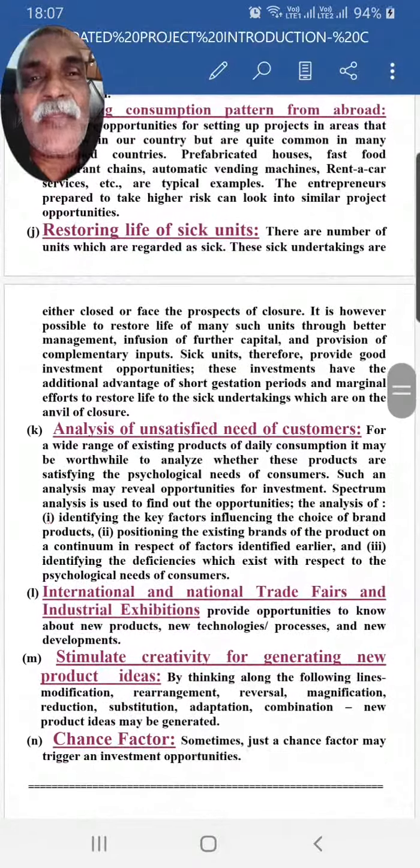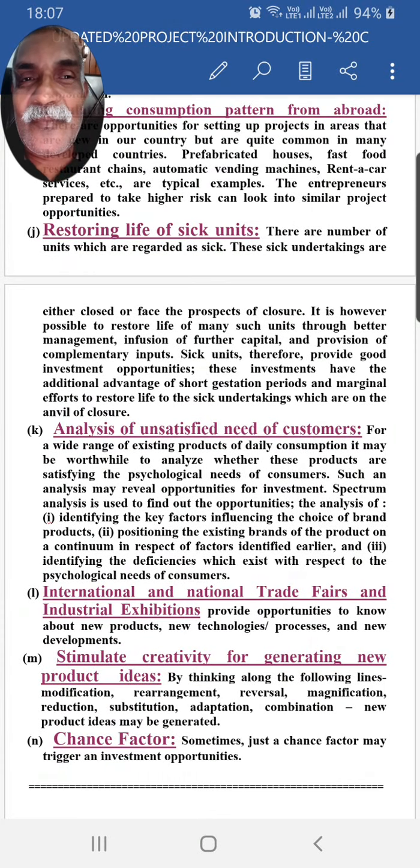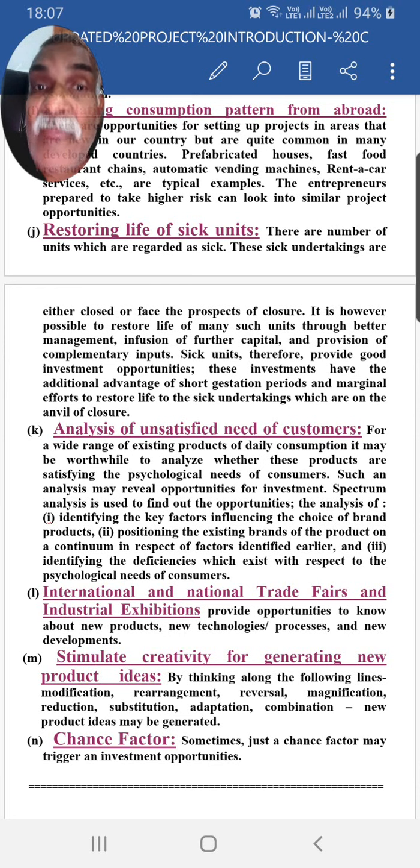Now, restoring life of sick units. As we know, there are a number of units which are regarded as sick. These sick undertakings are either closed or face the prospect of closure. It is, however, possible to restore life of many such units through better management, infusion of further capital, and provision of complementary inputs.